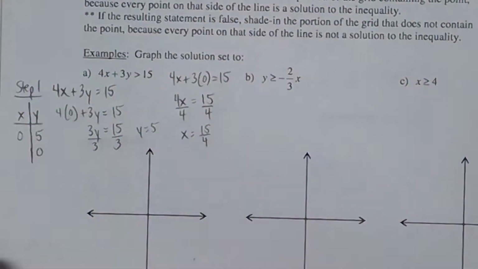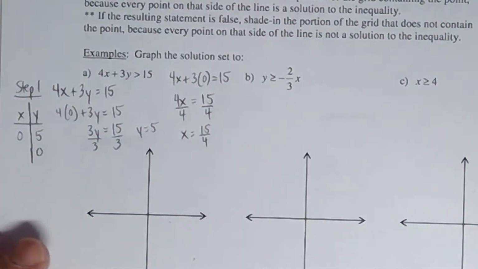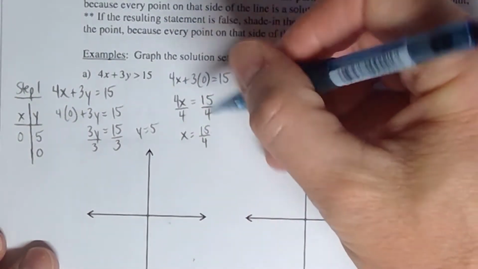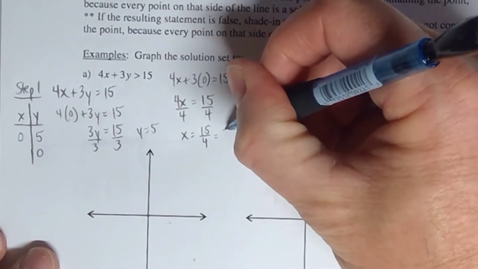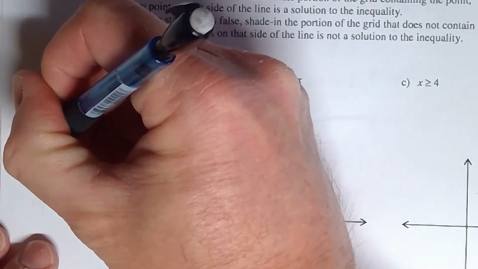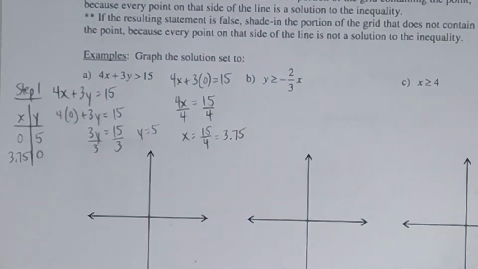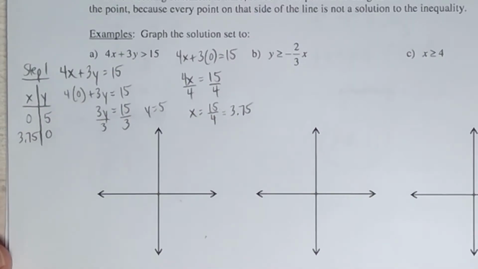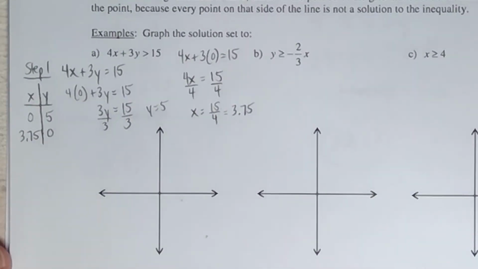Same thing here. When I get this fraction answer, 15/4, if I put that in my calculator, that is 15 divided by 4 equal to 3.75. So we know then that that is between 3 and 4. 3 point something is between 3 and 4, right?